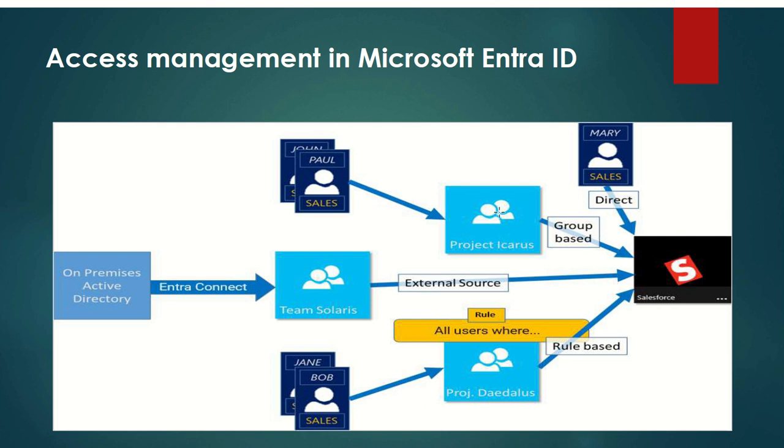I hope you are aware of Microsoft security groups and the assignments. Instead of doing a direct assignment, you can go with this approach. The advantage of having this kind of security group is that if you have, say, 20 users and all of them need the same level of permissions and access rights, it's a good approach to create a group, provide that group those permissions and access levels, and just add users to that group.